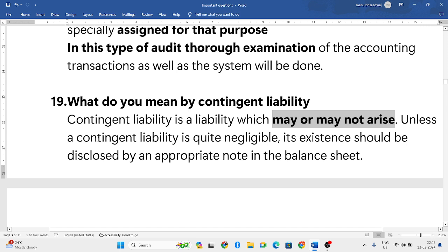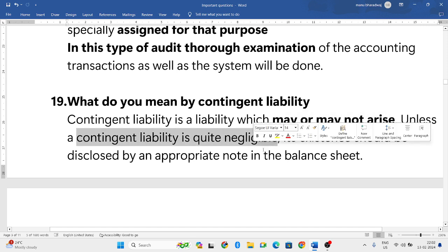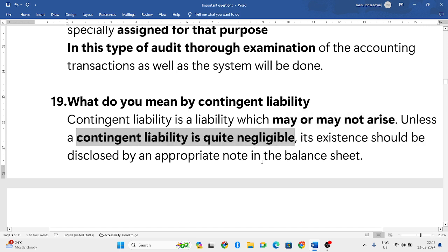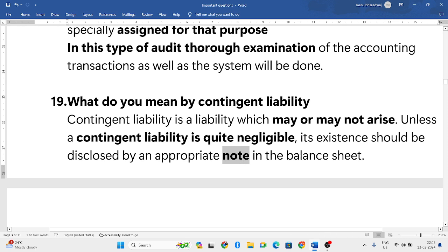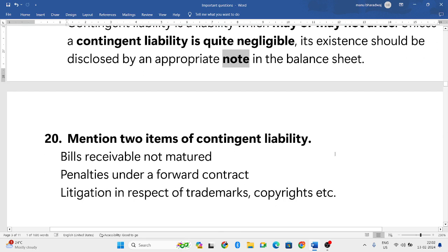Unless and until the contingent liability is negligible, meaning you cannot rule out that the liability occurs, its existence should be disclosed. So you have to show that in the footnote of the balance sheet. Usually there is a footnote at the bottom of your balance sheet, and there you have to mention this contingent liability.